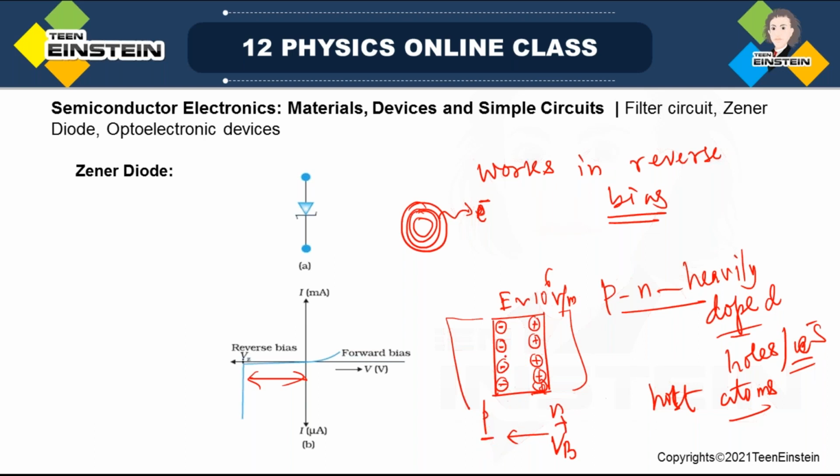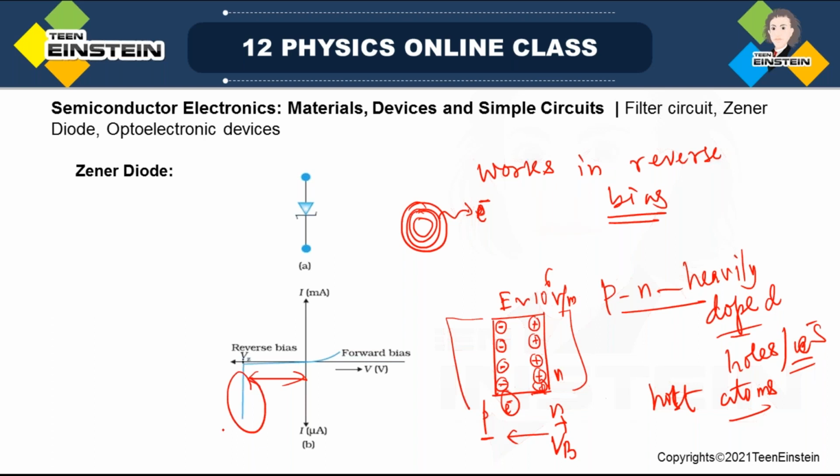So if the electrons are produced or atoms are ionized near the p side, electrons will be dragged or pulled out towards the n region. And that's how the number of carriers flowing increases, and because of that there is a huge change in the current after the Zener breakdown voltage.